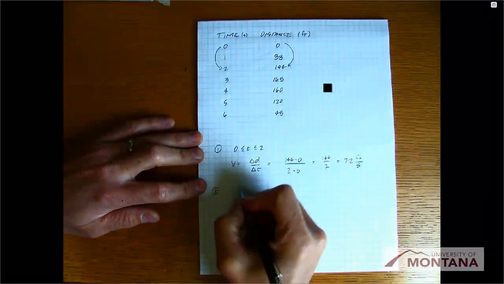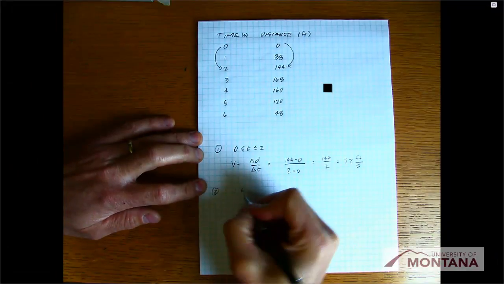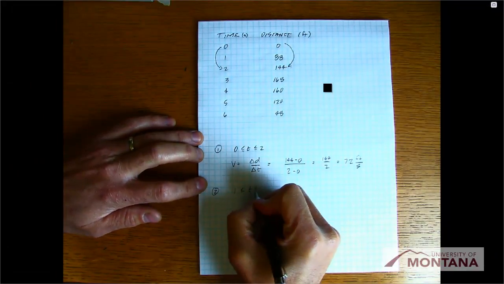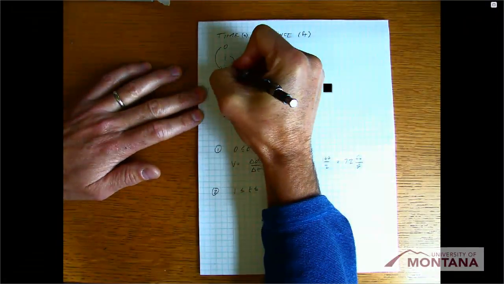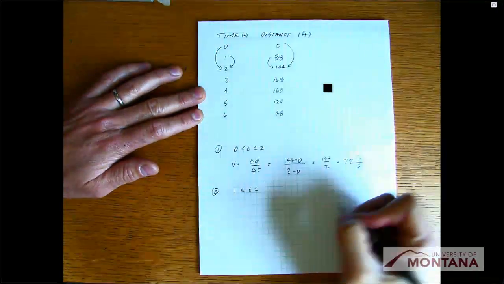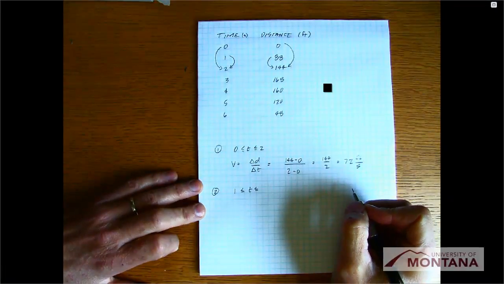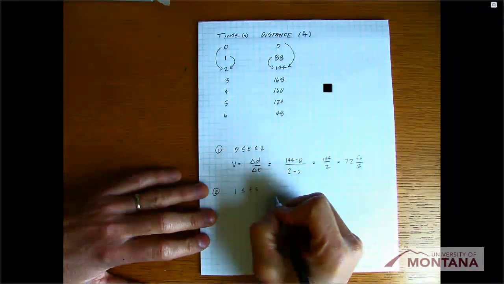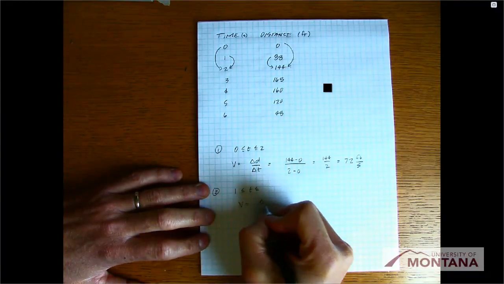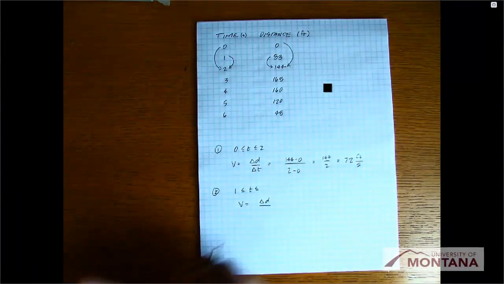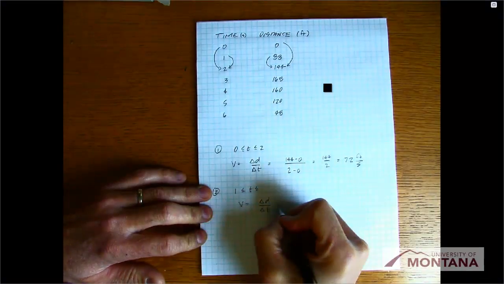The next question asked, how about the interval from 1 to 2 seconds? So here we're looking at this interval from 1 to 2 seconds. To calculate the average velocity, what we would do again is take the change in the distance over that interval and divide by the change in time over that interval.